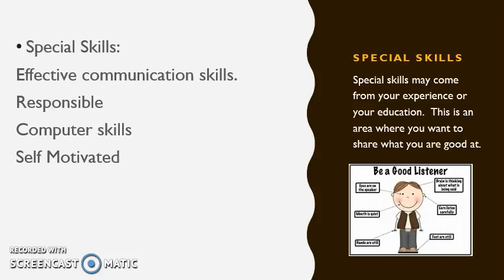If you have a 60 word per minute typing score, and you're looking for a job where you are going to use those types of skills, this is a good place to put in any special skills that you might have. It may be that you are a good negotiator. There's a list of skills. You need to think about yourself personally and then come up with what you feel are your special skills.